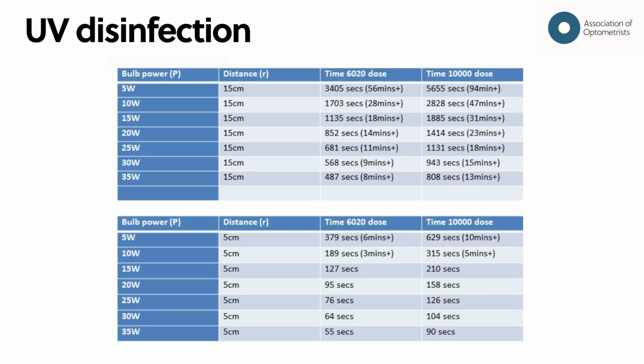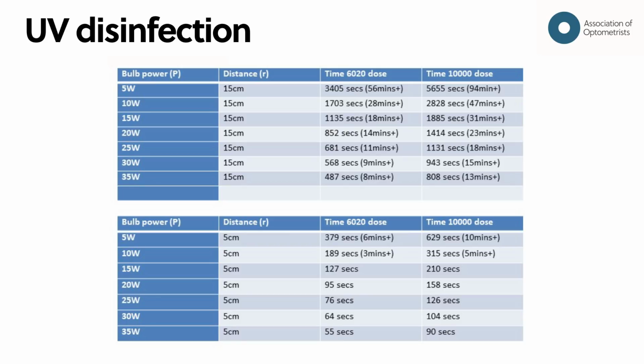And then we also have these two distances, so whether the object is quite close to the light source or quite far away from the light source. And as the object gets closer to it, we can see the dose goes up quite quickly. But as we've said, as the object gets closer, the shadowing and the casting of shadows on other objects increases and starts to have implications for whether items are sat hidden from the effective rays.